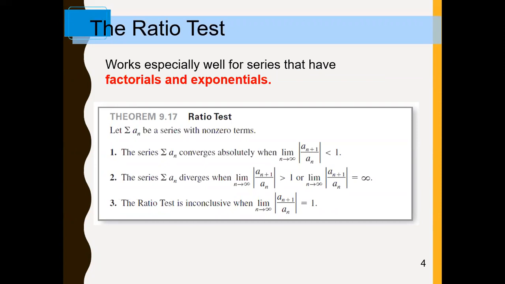So notice that the application of the ratio test does not just restrict us to series with positive terms. It says, let series a_n be a series with non-zero terms. Well, hello, that just means that I have stuff that's non-zero, yes? That means I could have some terms being negative, some being positive, etc.